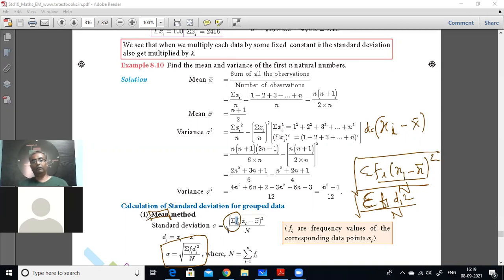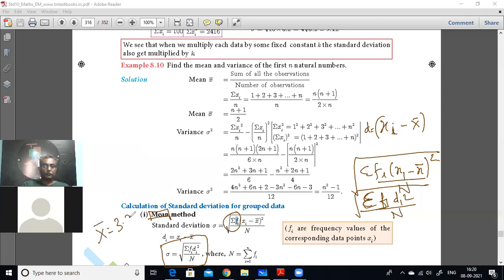See, I want to tell you one thing. Don't use the mean method to solve problems, except in the simplest of cases. Suppose the data is 3, 4, 5, 6, or 3, 7, 8, 10, 12, like that. Only when the data is so simple, you use the mean method, because usually when you get the mean, x bar will not be an integer.